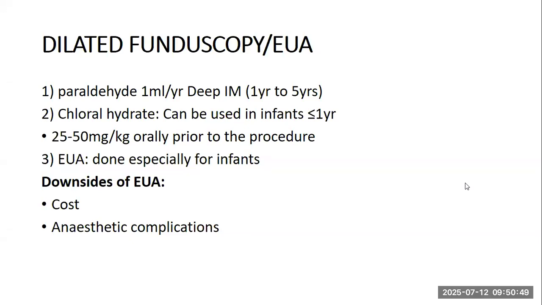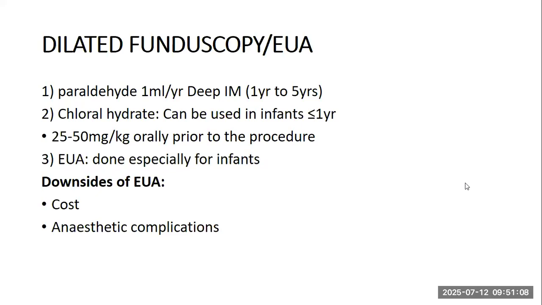What we commonly use in my center is 1 ml per year of IM paraldehyde. So it's important to know the exact age of the child. And it's usually used for children above 1 year old. If the child is maybe 18 months, you want to know the exact age of the child in months.